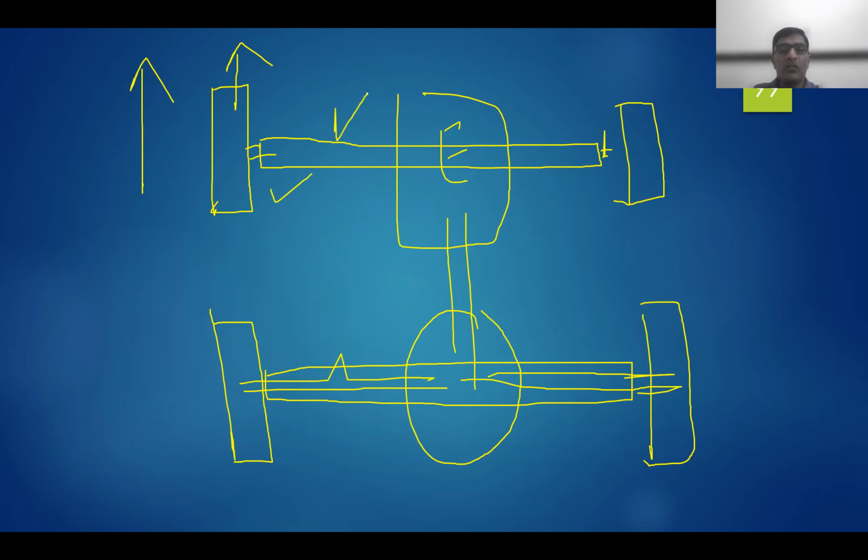Sometimes such types of questions may be asked in the interview or maybe for your oral. So dead axle is not powered, and this rear axle is powered to propel the vehicle. So that's why this axle, we are going to call it a live axle.